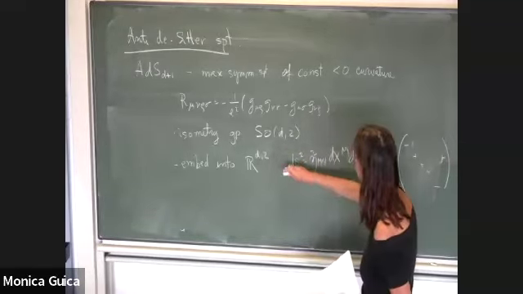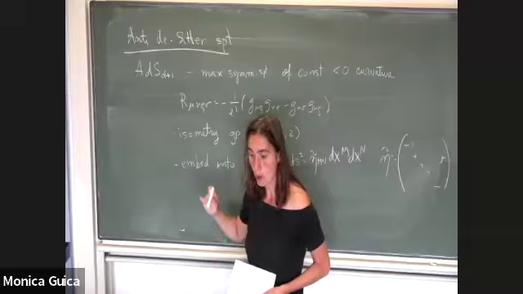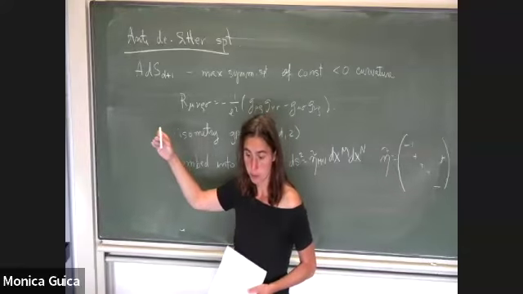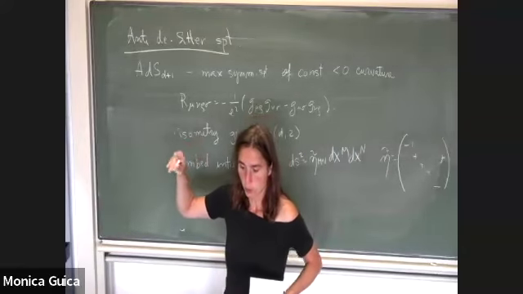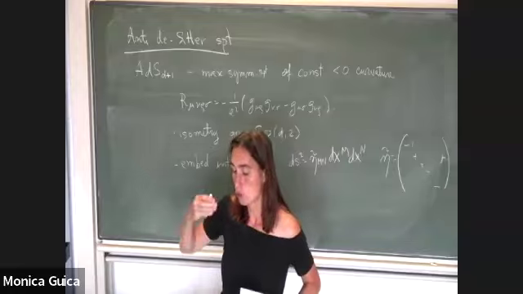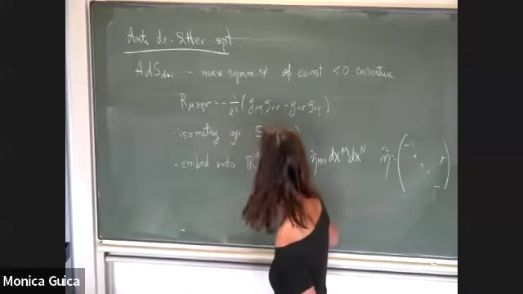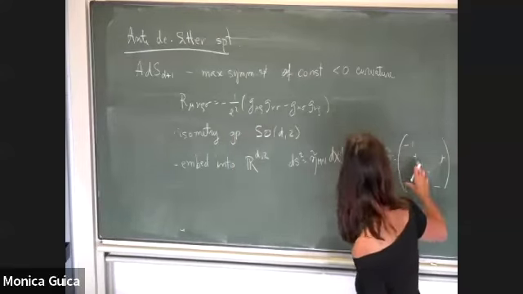So you take this d+2 dimensional spacetime with 2 times, which has inbuilt this SO(d,2).